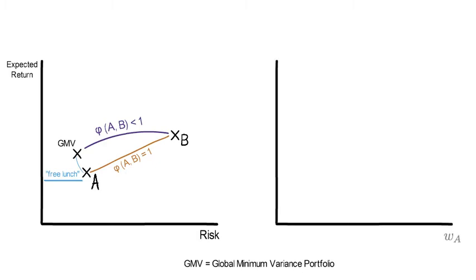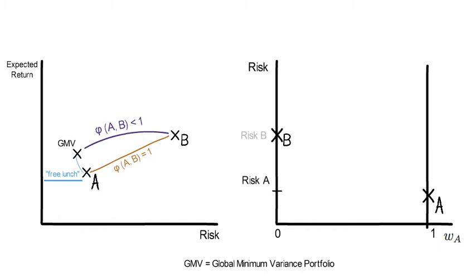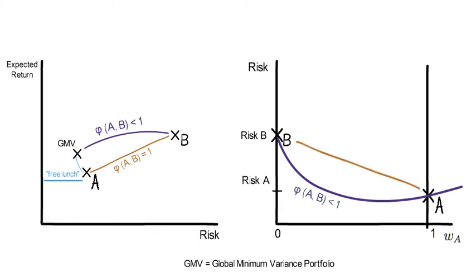The graph on the right shows that the individual constituents of a portfolio are undiversified positions. Moreover, a portfolio remains undiversified only if the correlation among all constituents is 1.